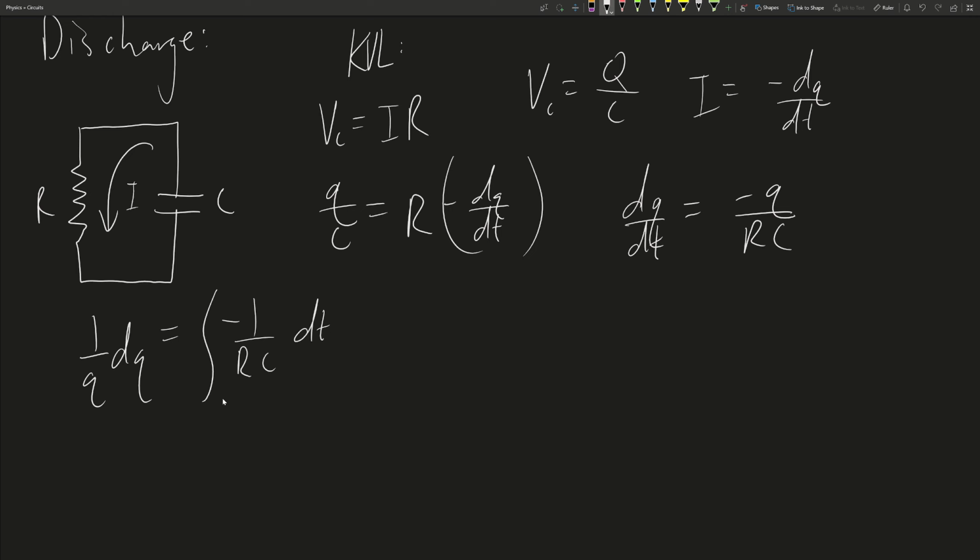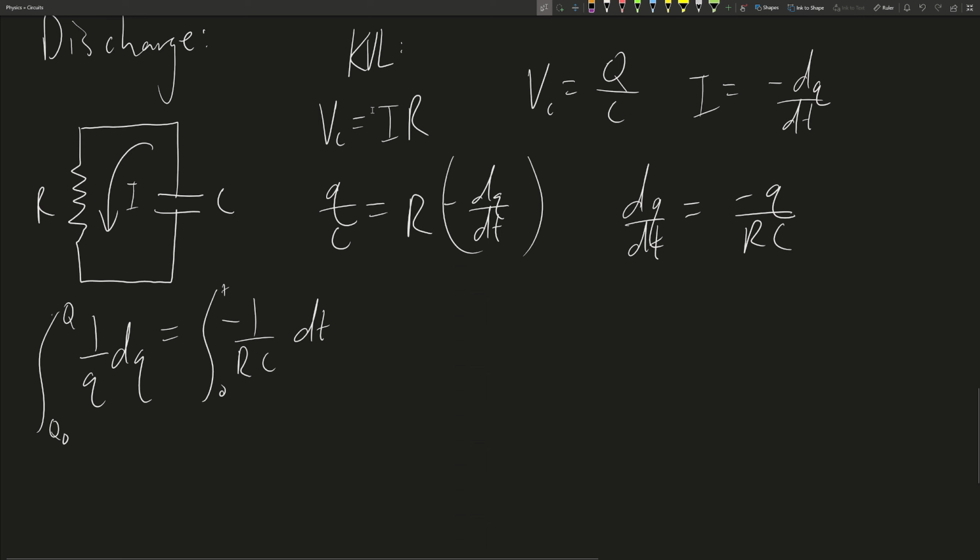And again, we're integrating from 0 time to the current time t, and we're integrating the charge from fully charged, which we'll call q0, the initial charge, to q here, the current charge.